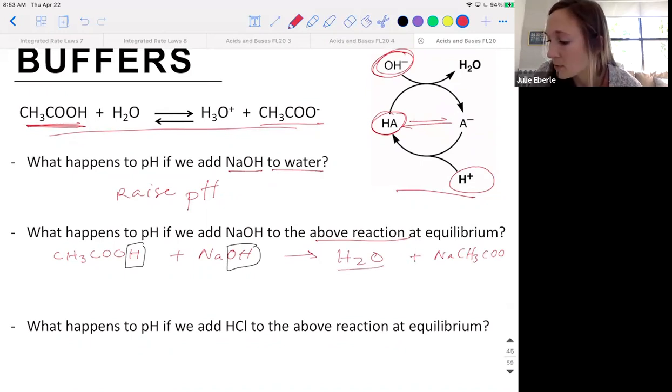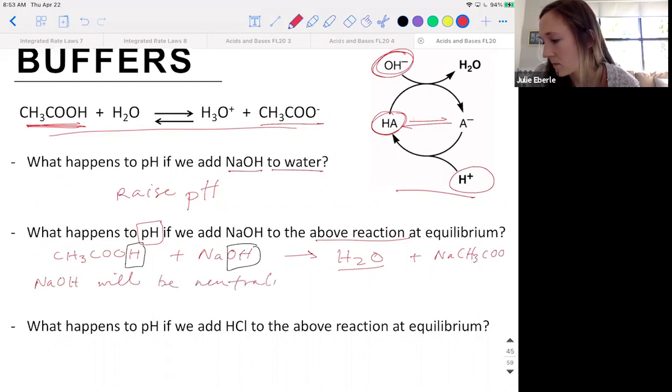So what happens to pH? That's the ultimate question. What do y'all think? If we're making water, if we're neutralizing our NaOH, what's going to happen to pH?